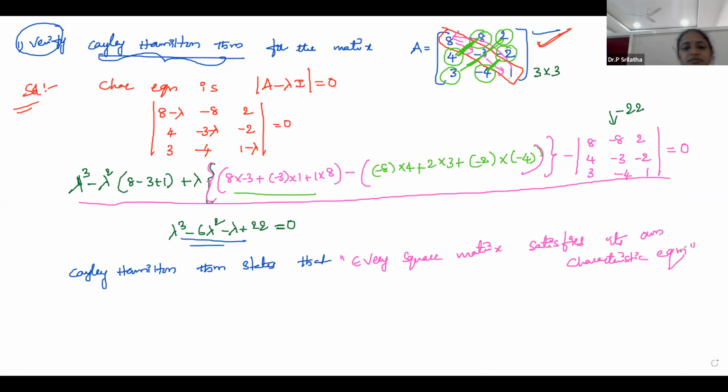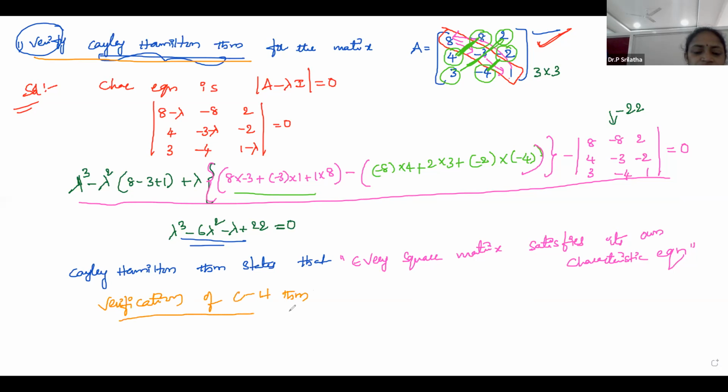So this is the statement of the Cayley-Hamilton theorem. Okay, so what is our next step? In the next step we need to verify the Cayley-Hamilton theorem. Okay, so verification of Cayley-Hamilton theorem.